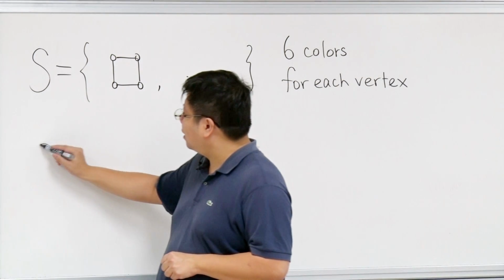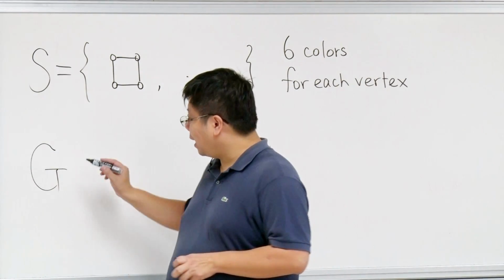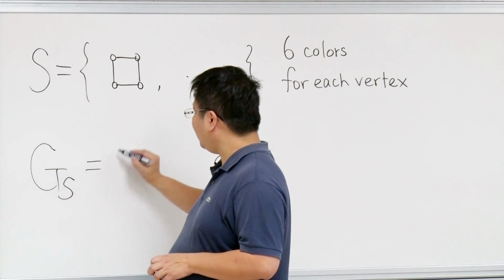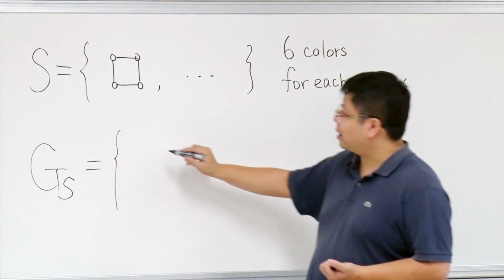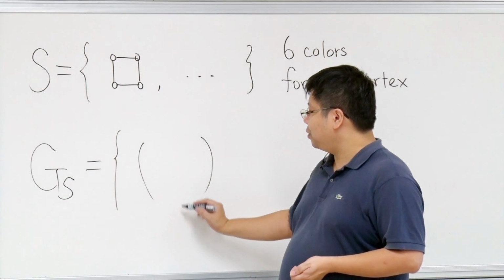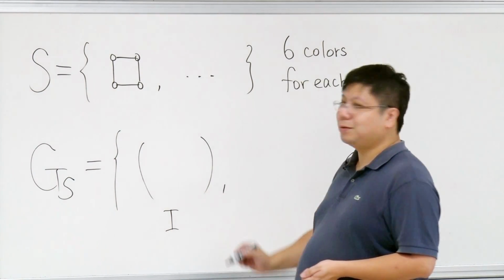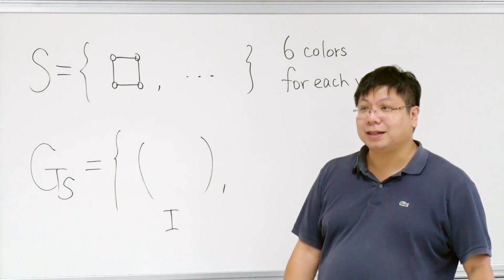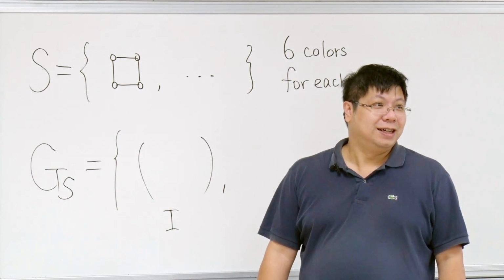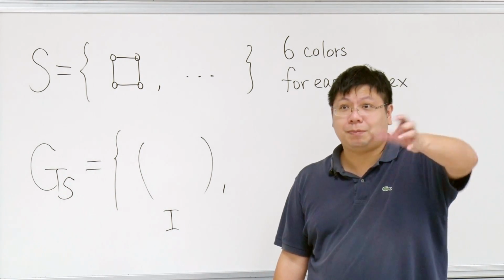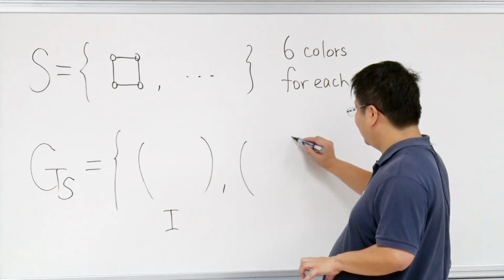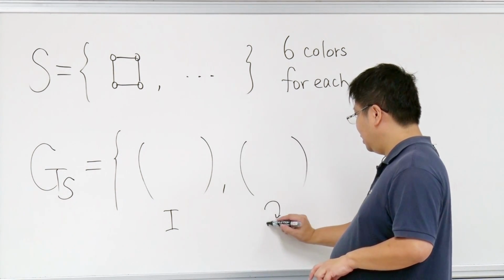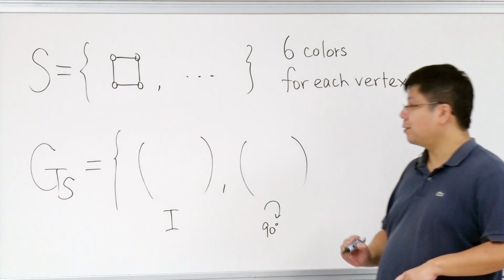So in that case, let's apply Burnside again. But this time, what are the permutations that we need to look at? One is we do nothing, the identity permutation, right? How about the other? So we should look at rotated by 90 degrees, right? Is that okay?